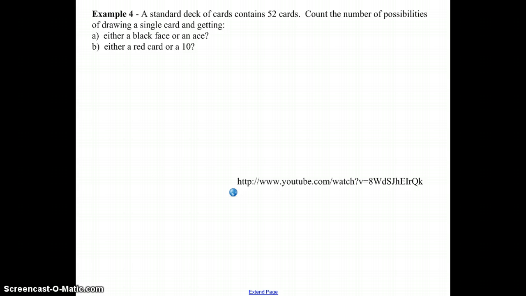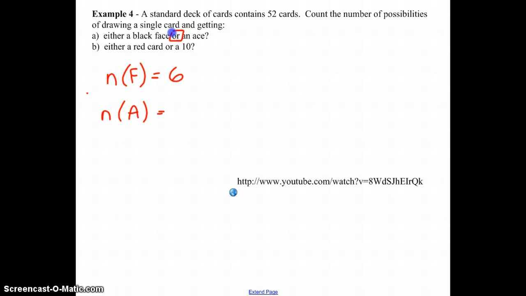So now here's an example where it's an or situation. It says either a black face card or an ace. So we're talking about cards. How many black face cards are there? 6. Okay, so the number of black face cards is 6, and the number of aces is how many?